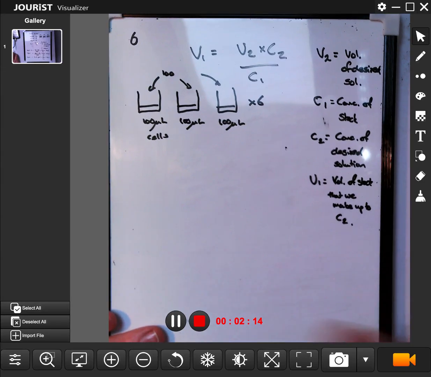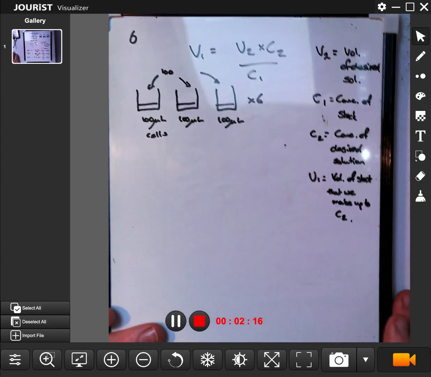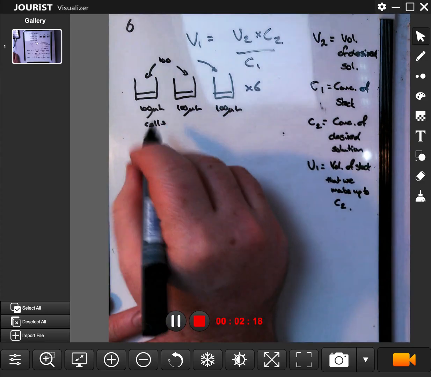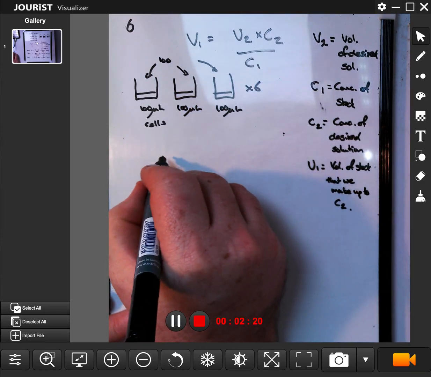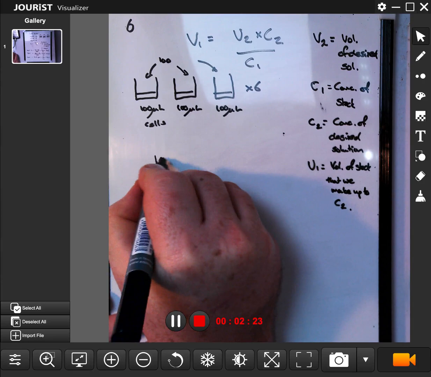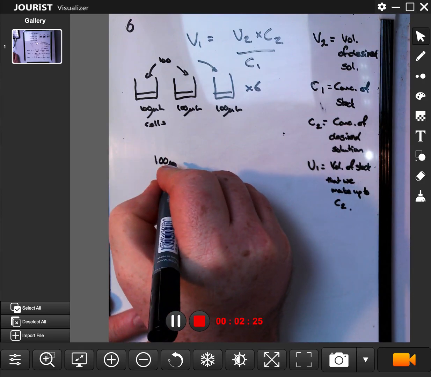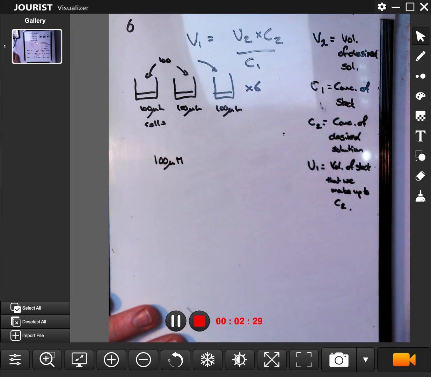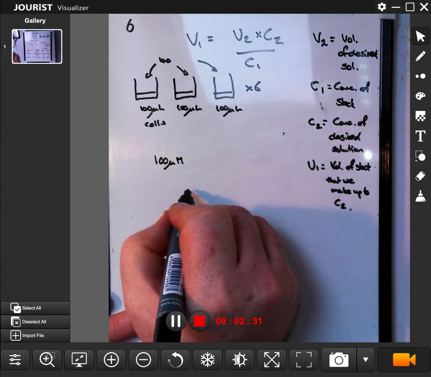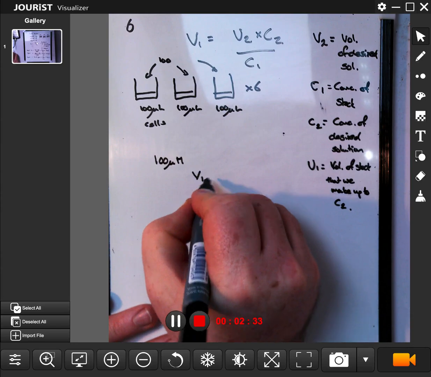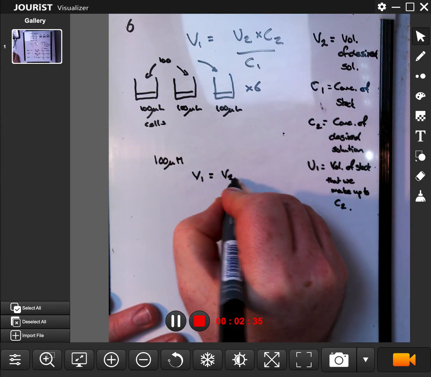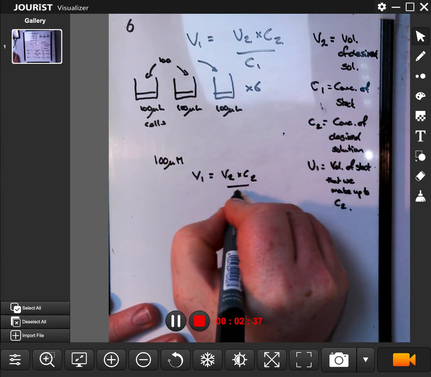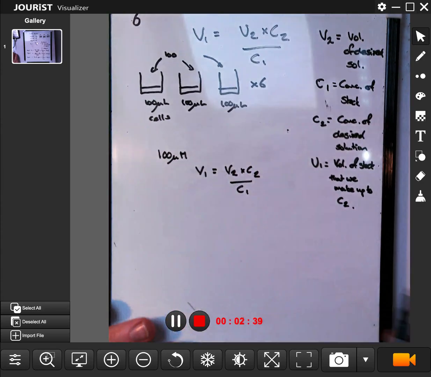Okay, so let's get on with our sum here. Let's think of the first one. The first one is going to be 100 micromoles. So let's do our equation here: V1 equals V2 times C2 over C1, and let's start putting the numbers in.